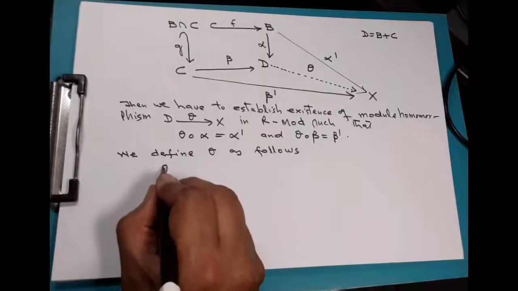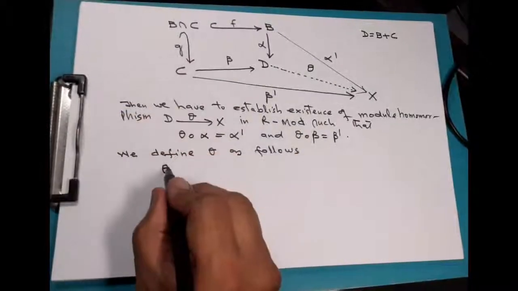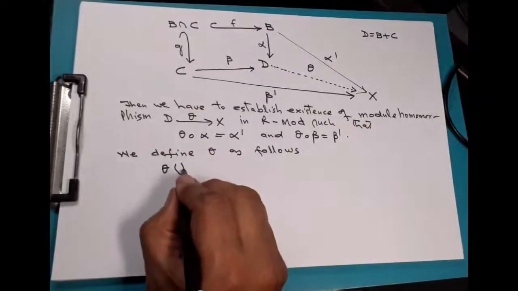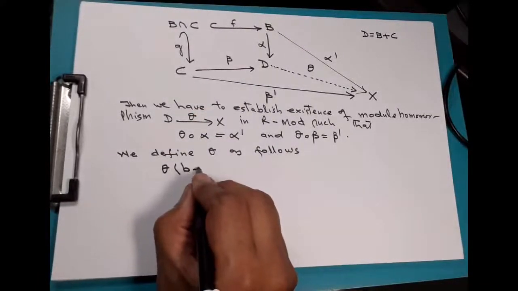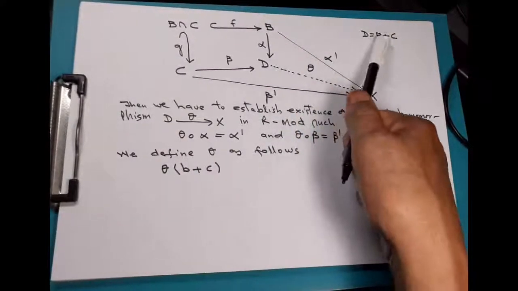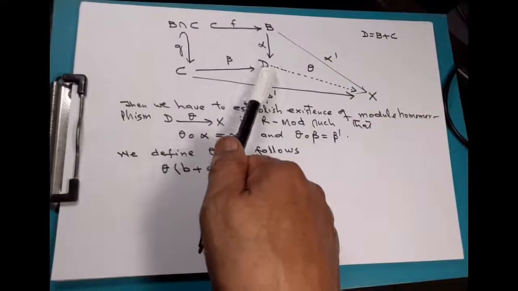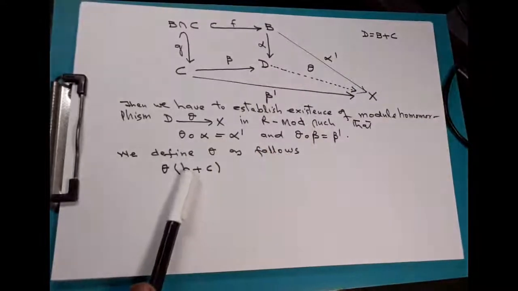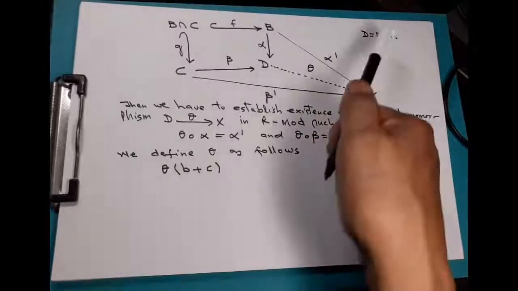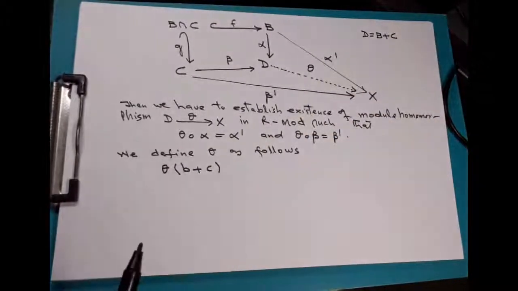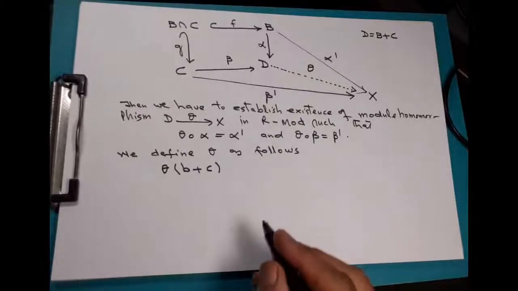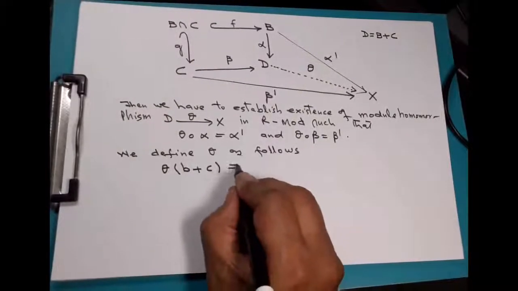Any element of D is the sum of one element of B and one element of C. This is the definition of sum of submodules. So a typical element of D will be of this form: one element of B plus one element of C added with each other.